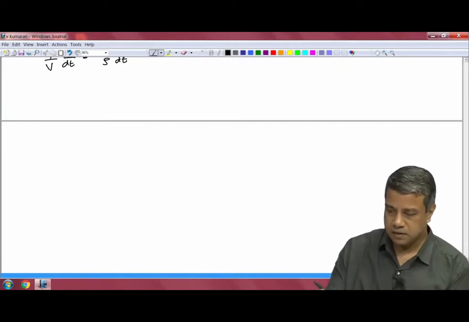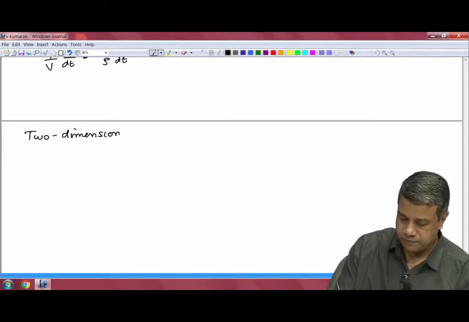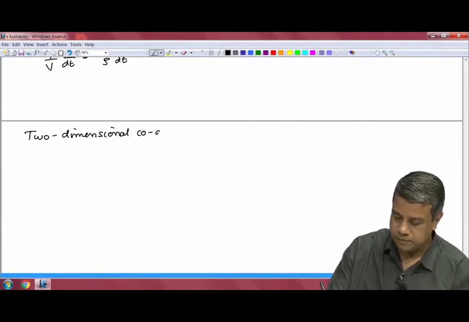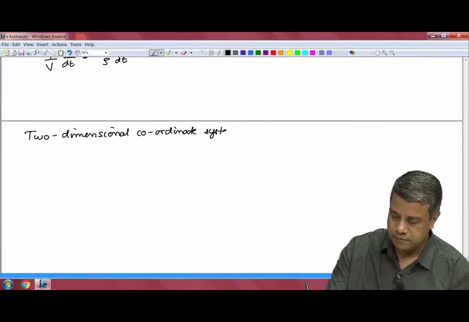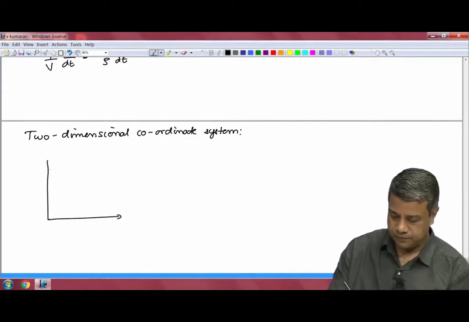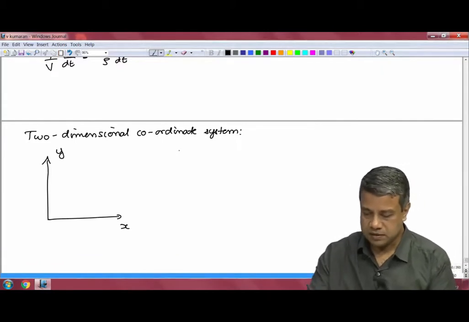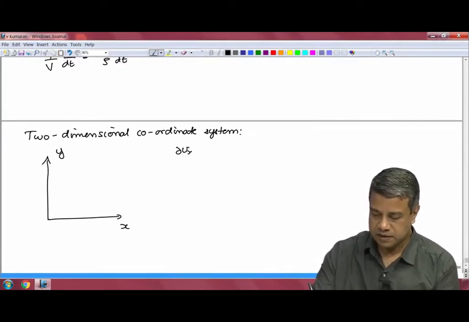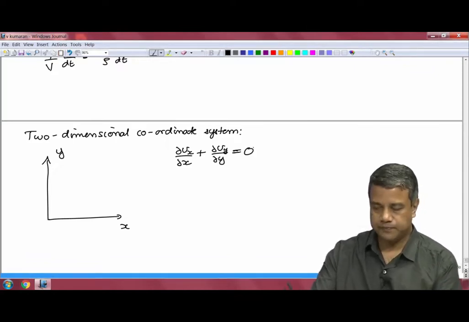Now, if we consider a two-dimensional coordinate system, x and y, the mass conservation equation is that partial V x by partial x plus partial V y by partial y is equal to 0.